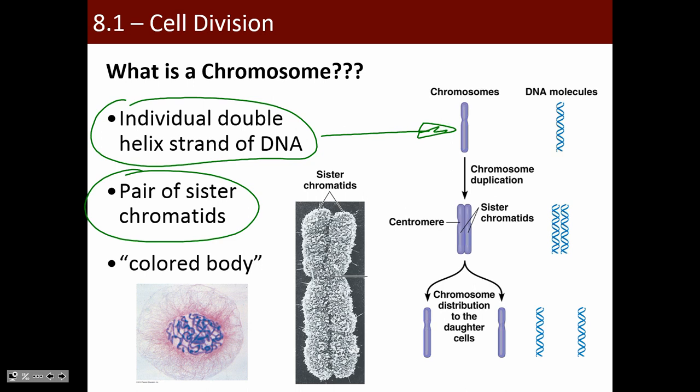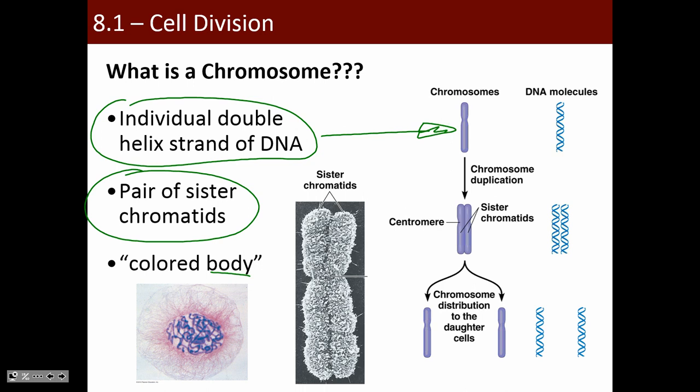The word chromosome: soma means body, chromo means colored. It's a colored body. When we first discovered these in really early microscopy, playing around with stains for cells, somebody looked through a microscope and was like, oh, look, there's a colored structure. I'll call it a chromosome. That's where the name comes from. And since then, as it came to mean something more than just a blob of color in our stain, we had to sort of expand our definition.